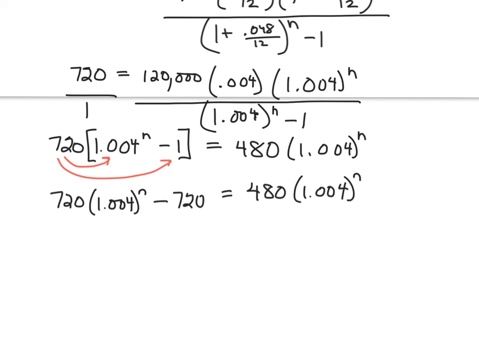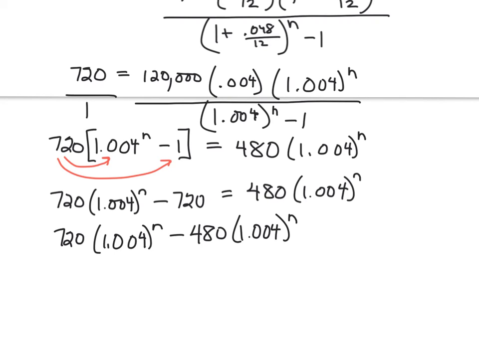We can consider those like terms. So I'm going to take this term and move it over to the left side, and take the 720 and move it over to the right. So I now have 720 times 1.004 to the n minus 480 times 1.004 to the n equals 720.